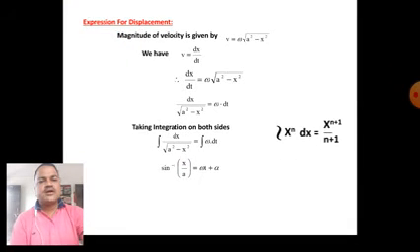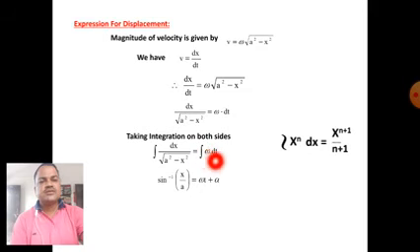So here omega into the integration of dt is nothing but omega t. Integration of dt is nothing but t. So here we get the one time integration in this equation. So sine inverse x upon a is equal to omega t plus alpha, where alpha is the integration constant.